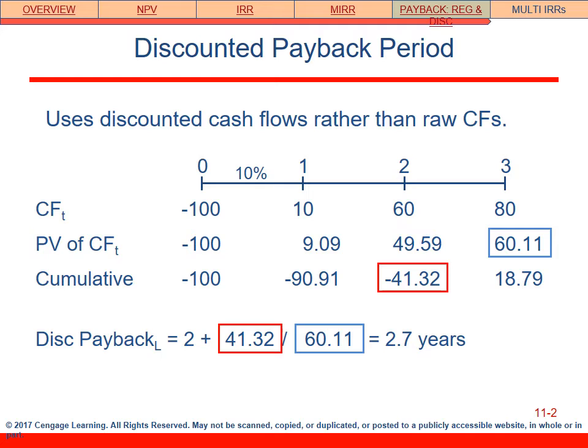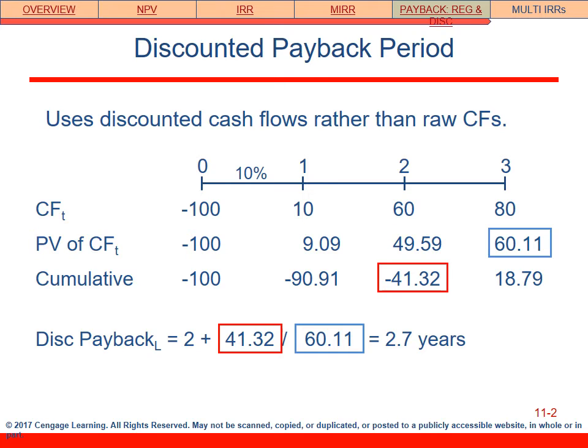So cumulatively, we'll have recovered $58.68. We still have another $41.32 to recover. Again, eyeballing between 2 and 3, the present value of year 3's cash flow is $60.11. So we know we've got that $41.32 covered.